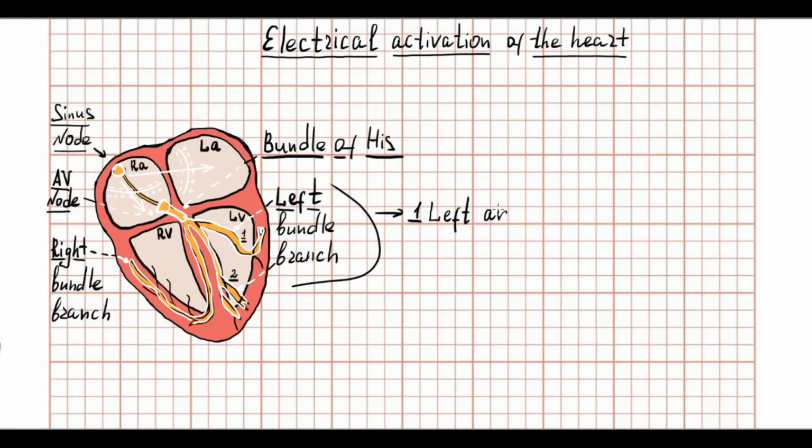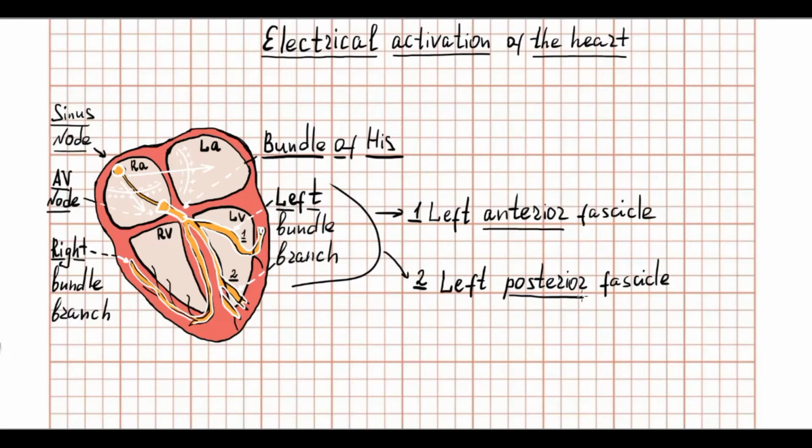There are the left anterior and left posterior fascicles. The electrical signal then spreads into the ventricle muscle by way of specialized conduction cells called Purkinje fibers, which are located in the subendocardial layer of the ventricles.